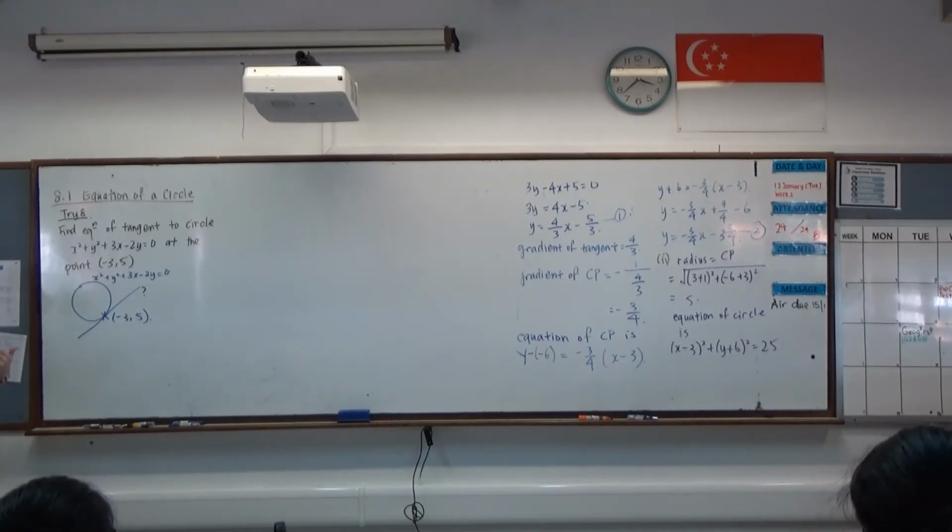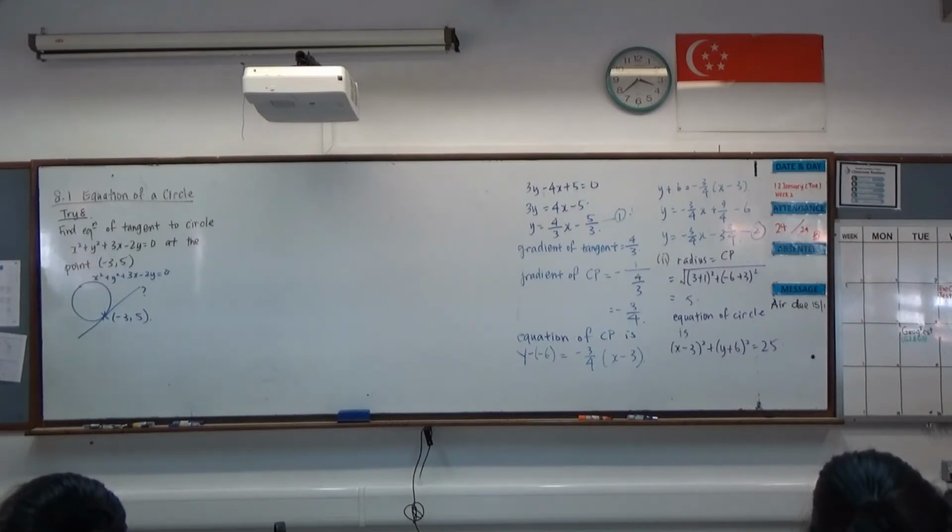Tangent, we know that it is a straight line. Straight line, what must we have? What must we have to find the equation of a straight line? I mentioned two things.